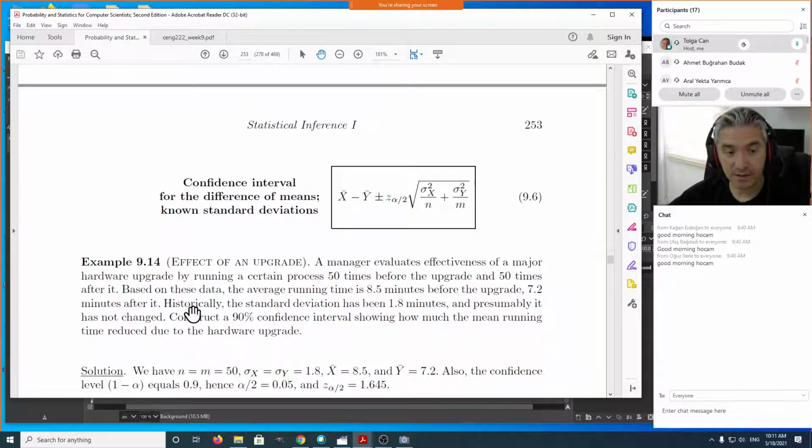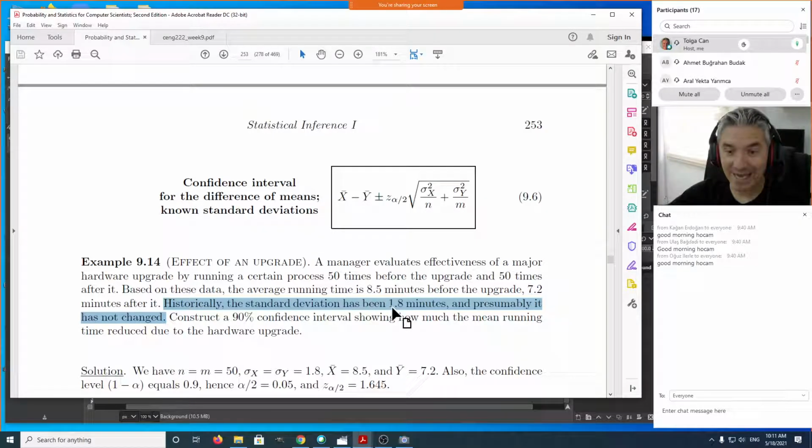And this is important. Look at this sentence. The following sentence is giving us that historically the standard deviation has been 1.8 minutes and presumably it has not changed. So this statement is giving us something about the population standard deviation.